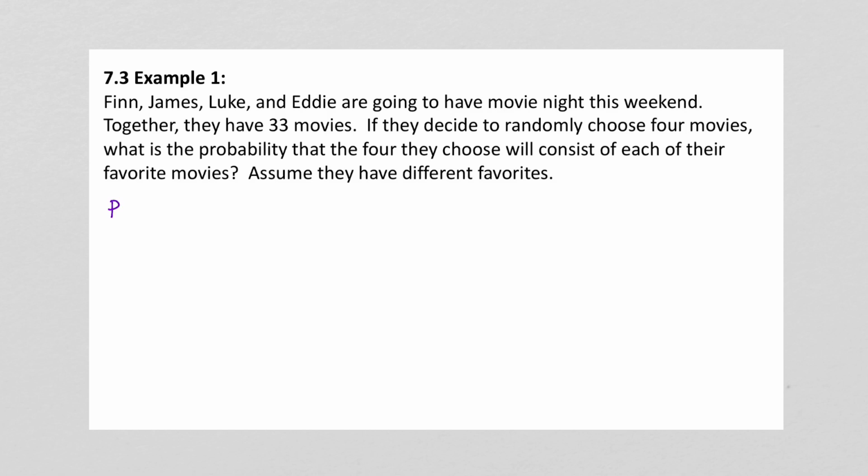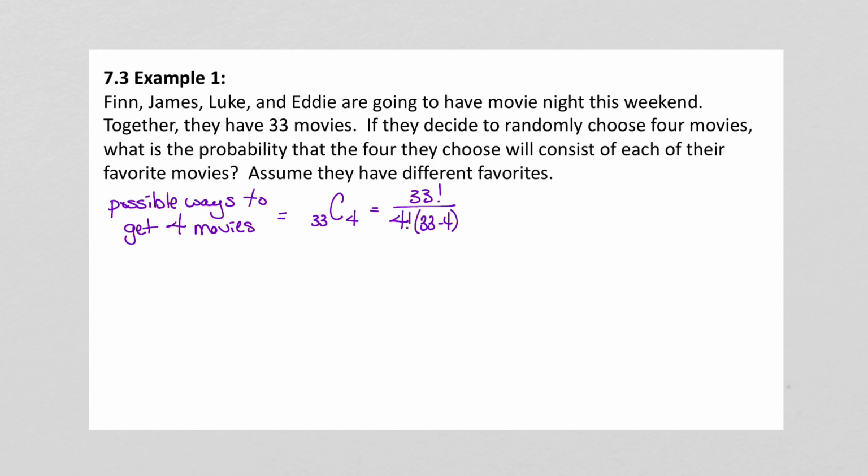So the first thing we need to figure out is the possible ways to get 4 movies. Since order doesn't matter, it'll be a combination. There's 33 movies total, and we want 4. So that's 33 factorial on top, 4 factorial times 33 minus 4 factorial on the bottom.